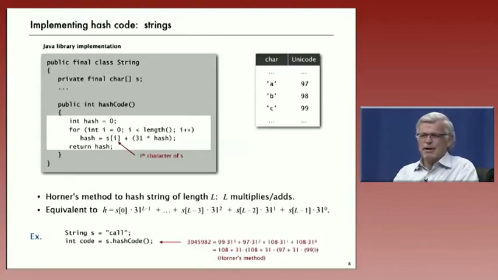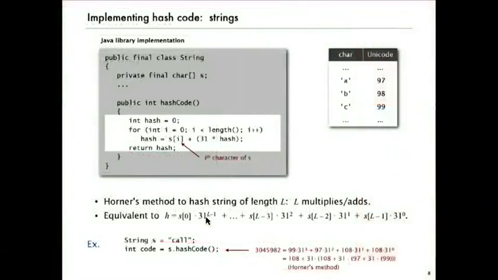It uses Horner's method for evaluating a polynomial, where for each digit you just multiply. So it treats it as a base 31 number, and to compute that whole number, you multiply 31 times what you have so far and add the next digit. That's called Horner's rule.